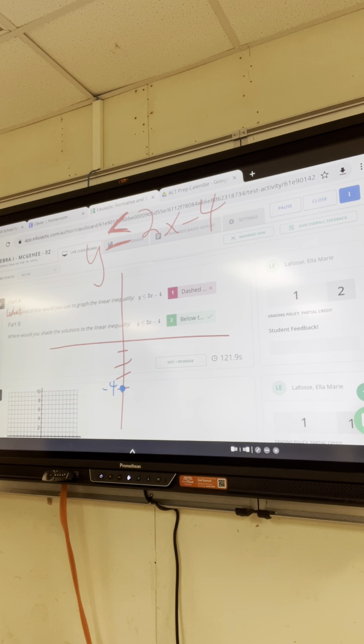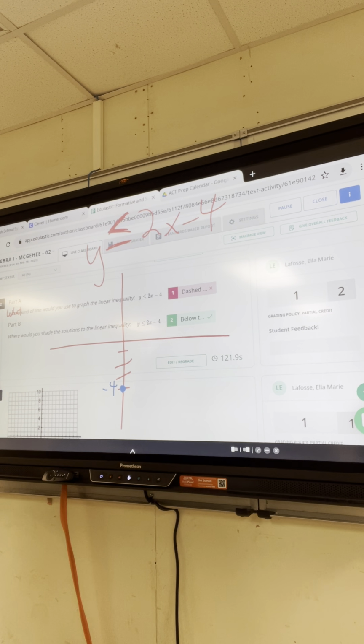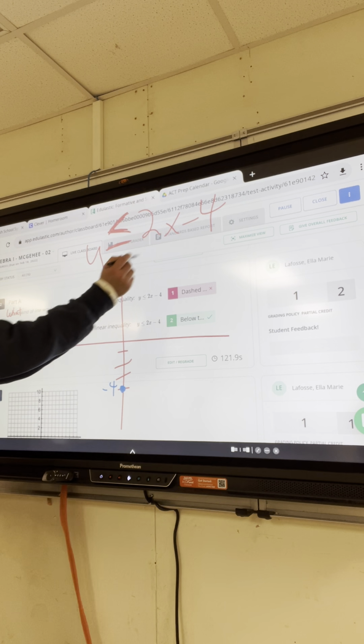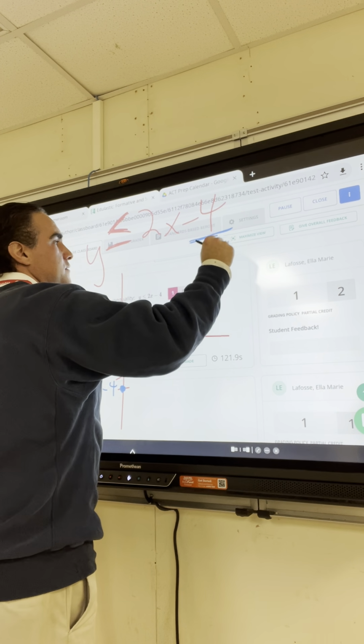Okay. Dashed. No, not dashed. Y is less than or equal to 2x minus 4. So we've got minus 4 is our y-intercept, right?